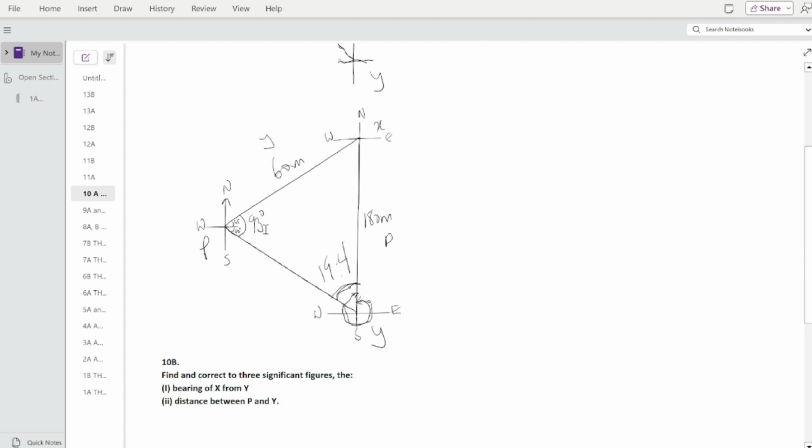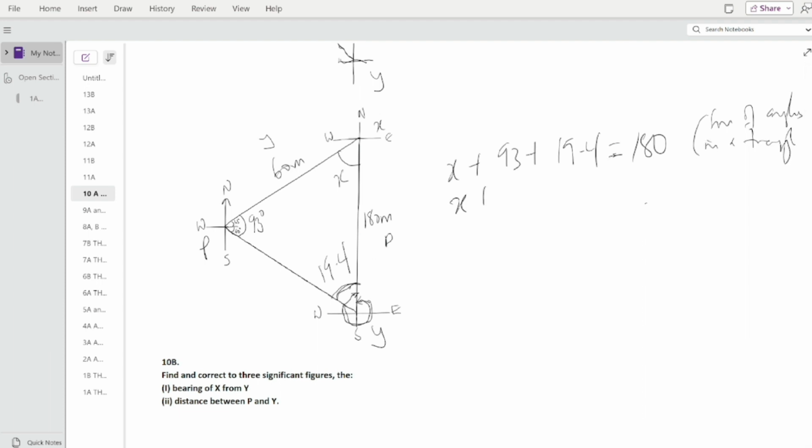Using the sum of angles in the triangle, we have two angles already and we're looking for the third angle. That means total angle including angle X would equal to 180. So we have X plus 93 plus 19.4 equals 180. Sum of angles in a triangle. We have X plus 93 plus 19.4 will give you 112.4 equals 180.